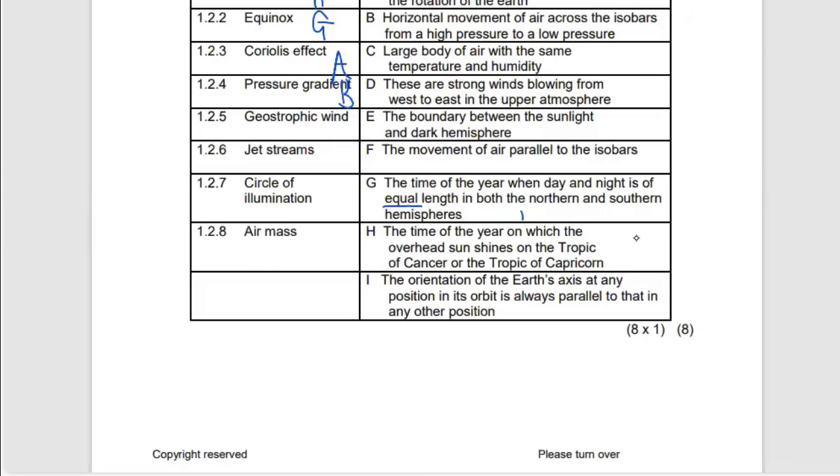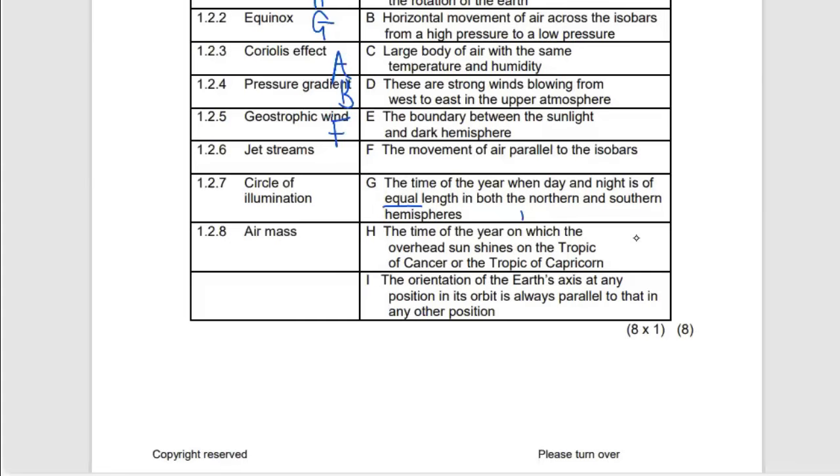However, when it's a geostrophic wind, there is a balance between pressure gradient and the deflective effect caused by Coriolis force, such that we have the air blowing parallel to the isobars. So our description of a geostrophic wind matches with item F, which says the movement of air parallel to the isobars.